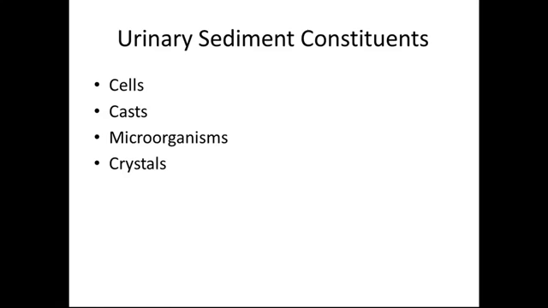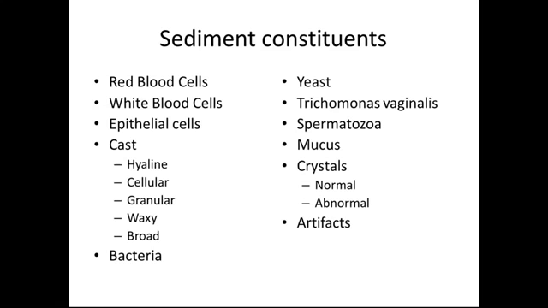Some things that we will find in the urine sediment are cells, casts, microorganisms, and crystals. Sediment constitutes red blood cells and white blood cells, which are typically abnormal in the urine sediment, and epithelial cells, which can be normal.